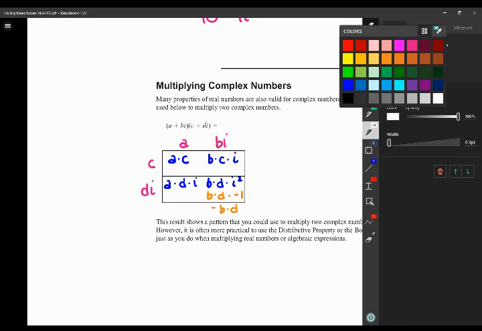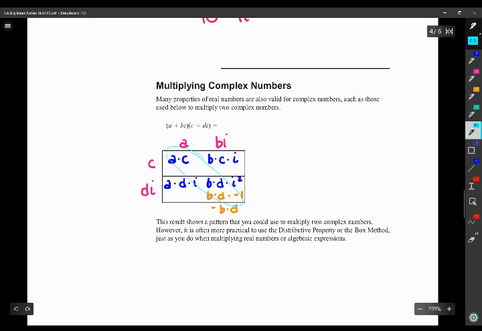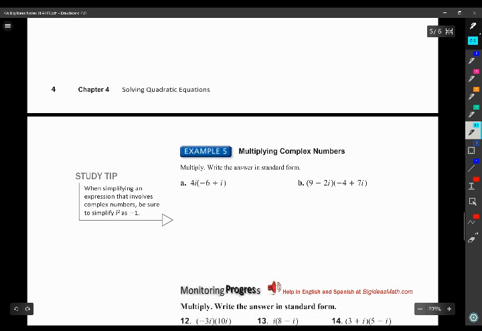If we look at our diagonals in this case, our diagonals are here and our diagonals are here. And what we end up doing is we're going to combine those like terms, and that's always going to work out really nice. And I like doing the box method. You can do distributive property, but I think the box method works the best.